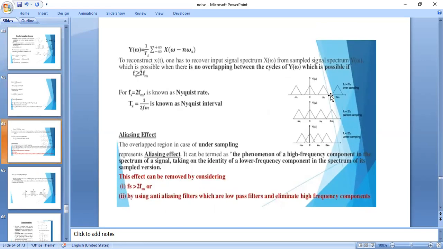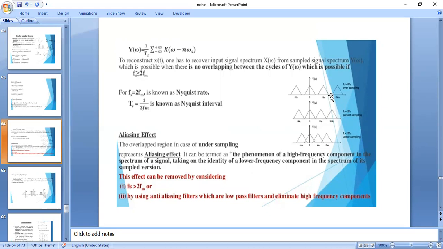You may observe how the spectrum looks if the sampling frequency is greater than 2 FM, how it looks if Fs is equal to 2 FM, and how it looks if Fs is less than 2 FM, which is called undersampling.